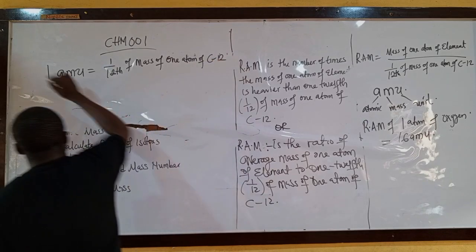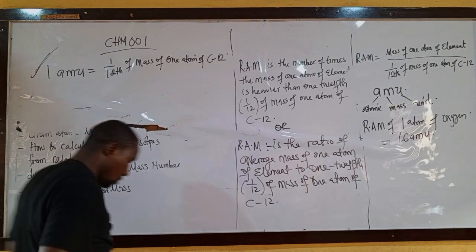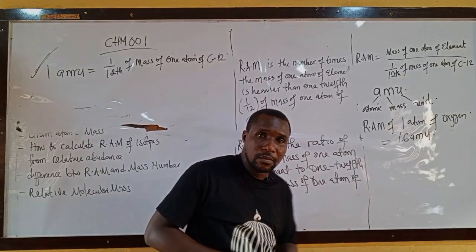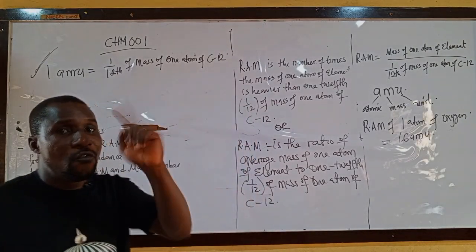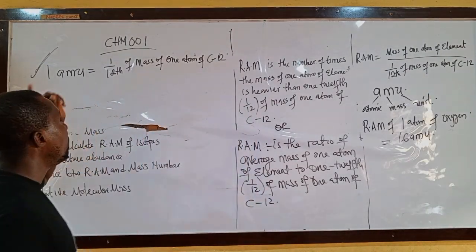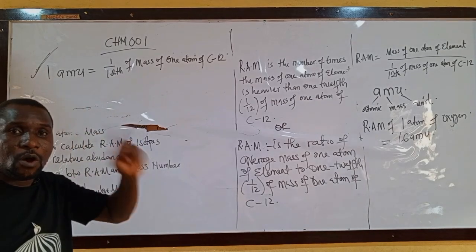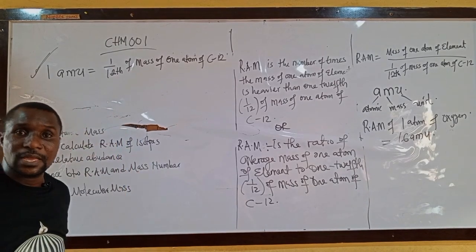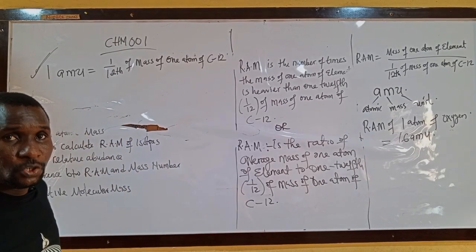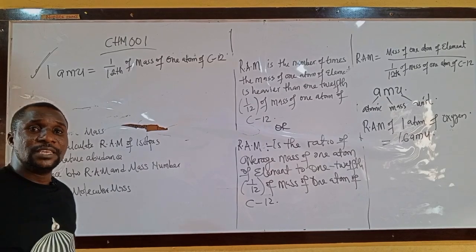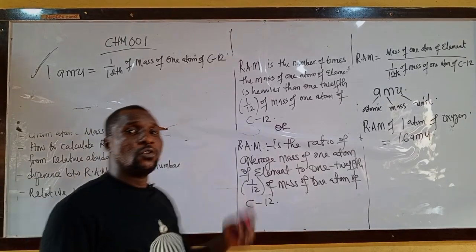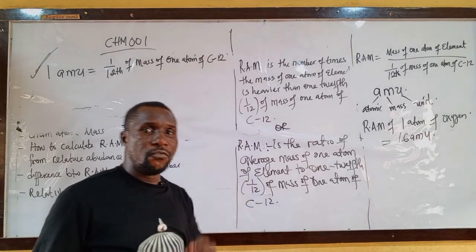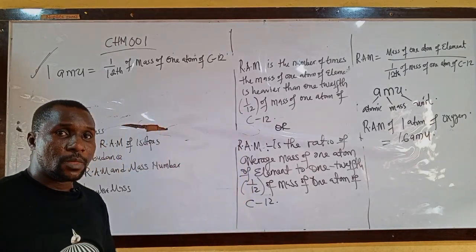Please take note of this. They can ask you in JAMB, which of the following is AMU? AMU, atomic mass unit, is 1/12 of mass of one atom of carbon 12.